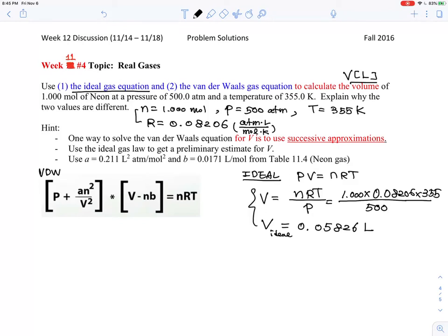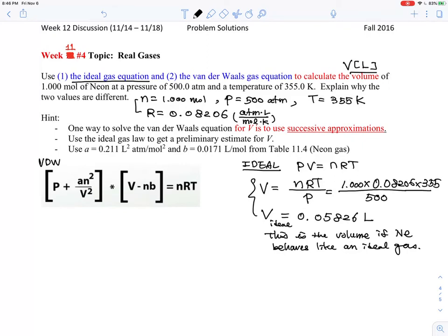Okay, so let's just call this the ideal value. This is the volume if neon behaves like an ideal gas. So what is an ideal gas? An ideal gas can be summarized into two terms.